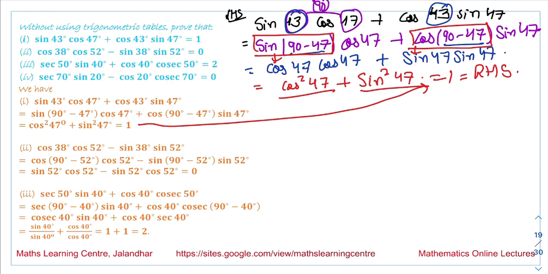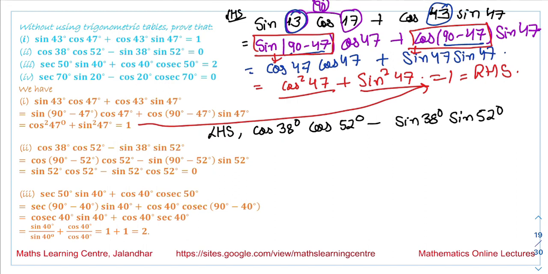Next we have cos 38 degree cos 52 degree minus sin 38 degree sin 52 degree. This is the LHS we have. Now this 38 we can write as 90 minus 52.